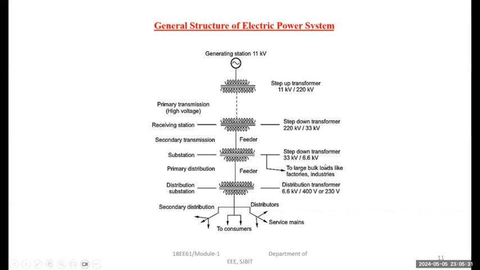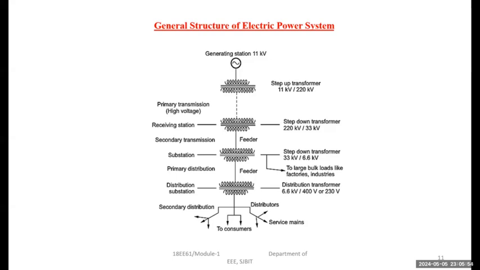Large industrial consumers are supplied at 6.6 kV or 11 kV from the substation itself. To supply electrical energy for domestic consumption by small consumers, it is transmitted at 6.6 kV or 11 kV to distribution transformers.